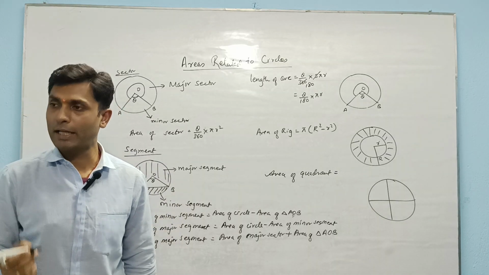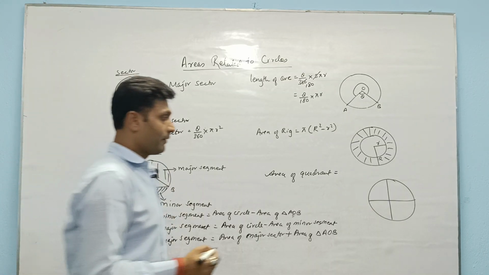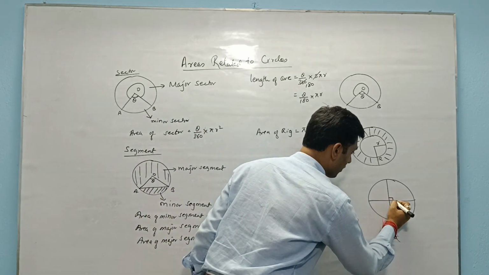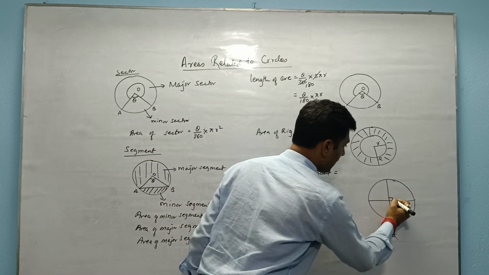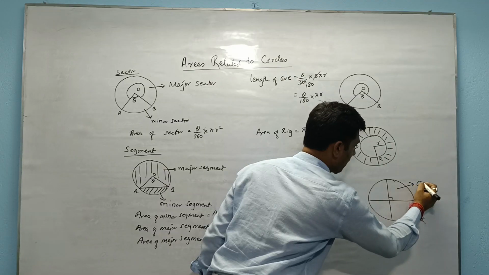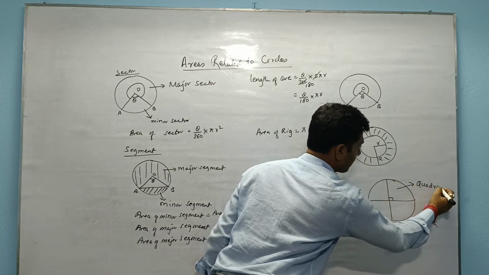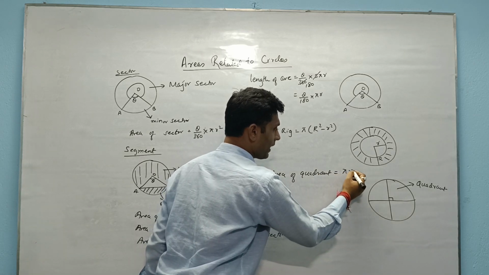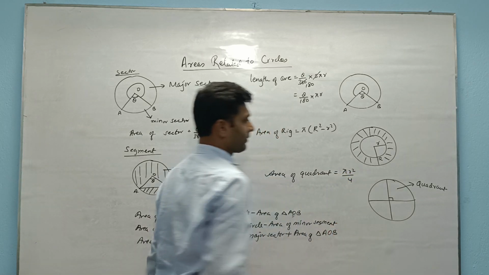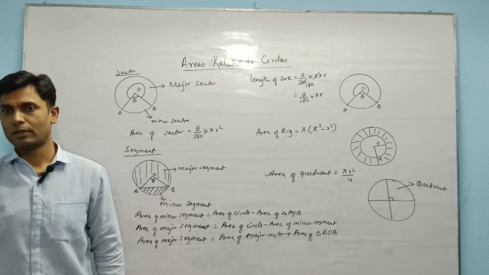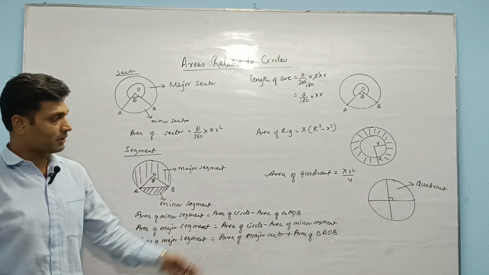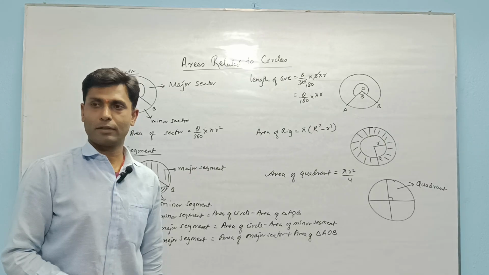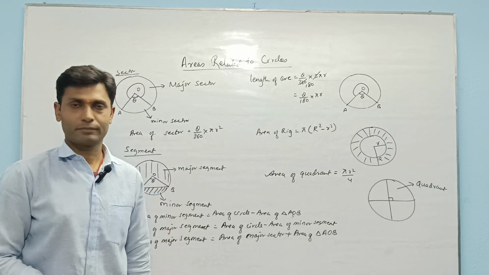Remember, two perpendicular diameters. Then each part is called quadrant. This will be 90 degree. So area of quadrant will be pi r square upon 4, one fourth of a circle. Clear? Okay.